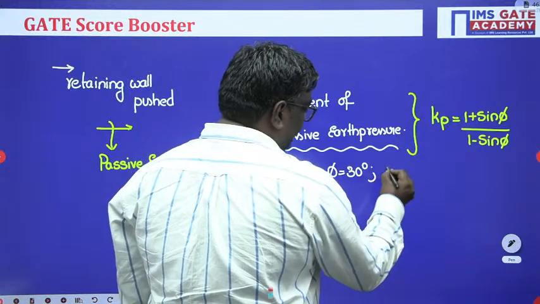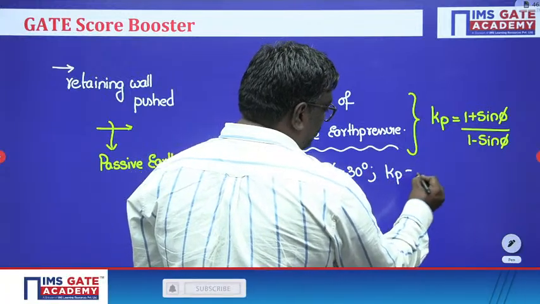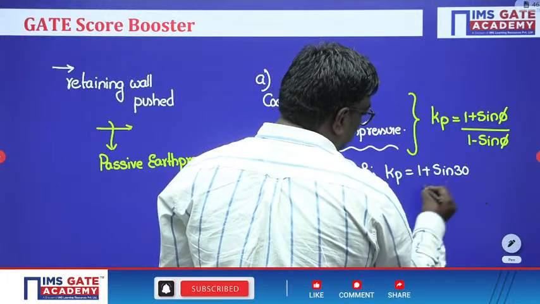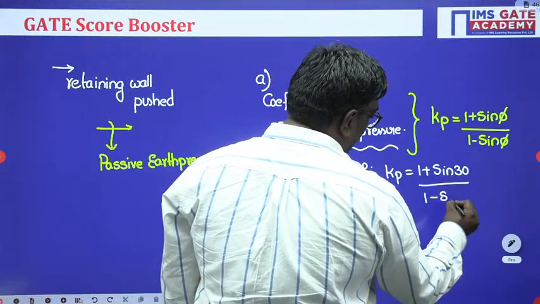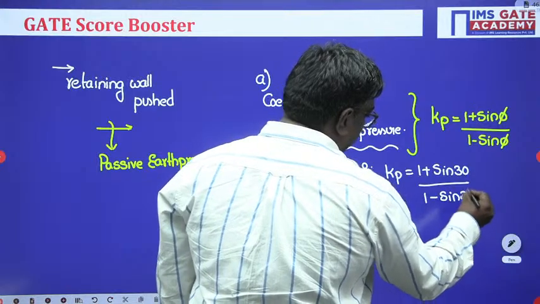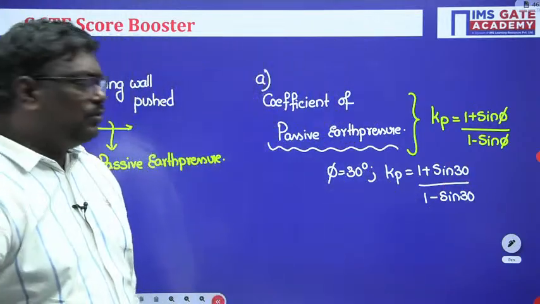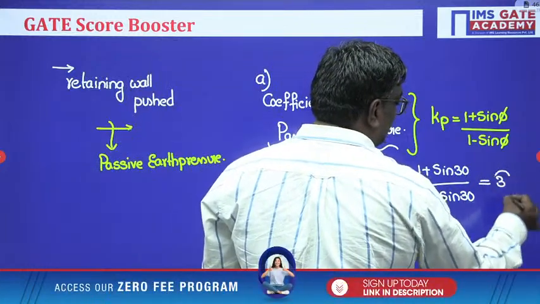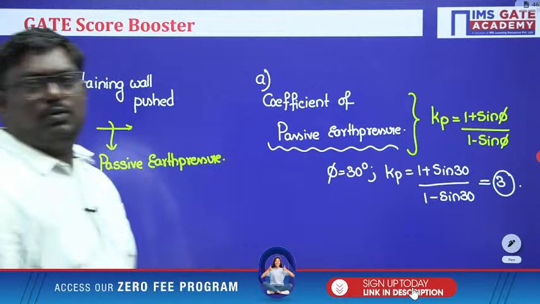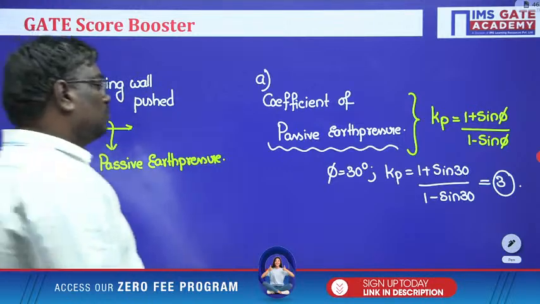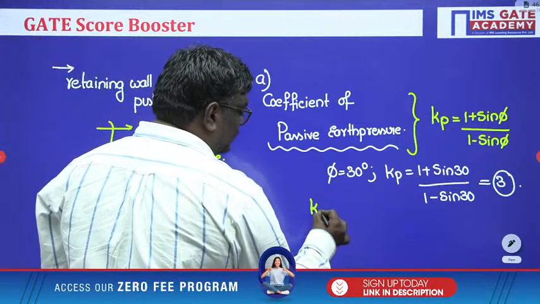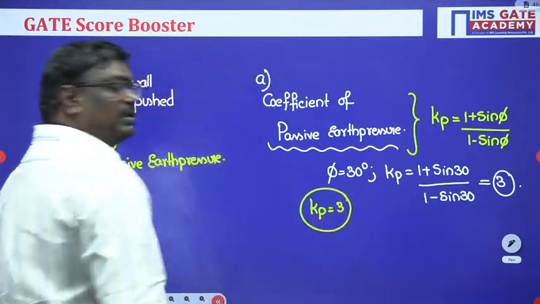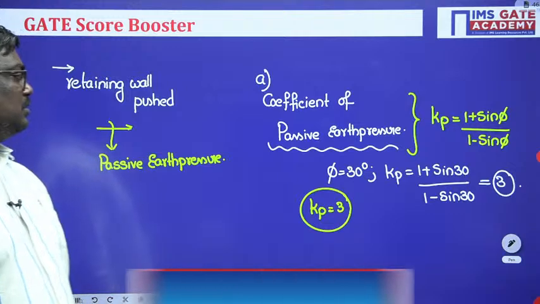So Kp, if you plug in this value, is (1 plus sin 30) upon (1 minus sin 30), that is 3 by 2 upon 1 by 2. This value will be equal to 3. So the value of the coefficient of passive pressure is 3. I hope you are clear, students.